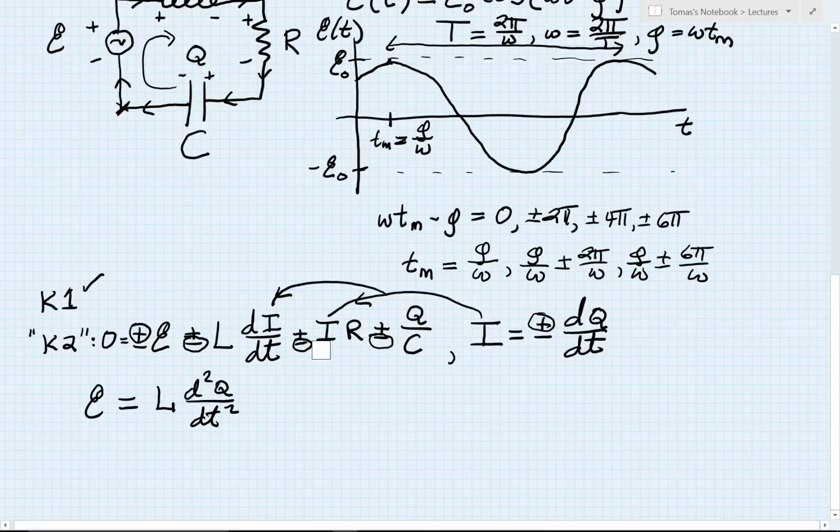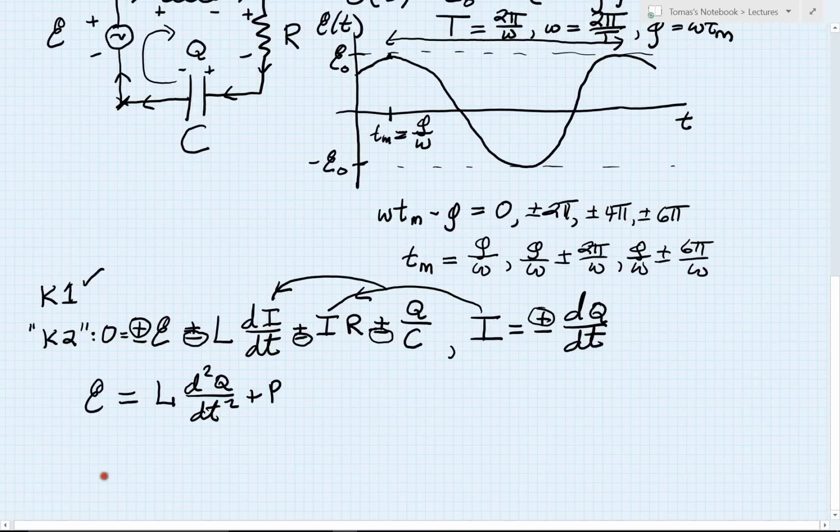It will become plus I times R. R is the constant here. So just as I had written L first, let me write the constant part first. So it comes over with a plus sign. It's R times I. But remember now that I, once again, is plus dq dt. So that becomes R times dq dt.